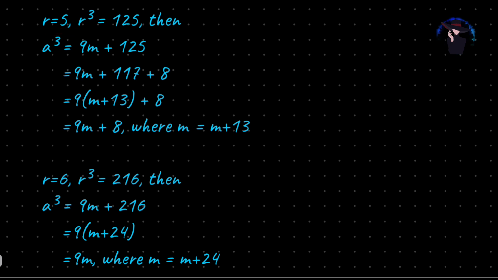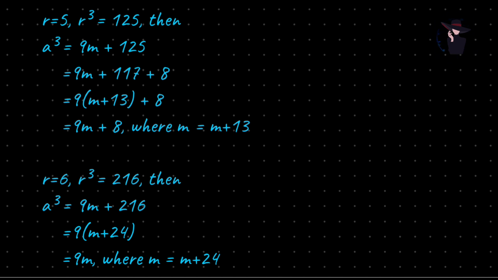Moving on, the value of r should be 5. We have to move on till 8. So 5 cube is 5 into 5 into 5, 125. A cube is equal to 9m plus 125. Just as we did in the earlier question, 125 doesn't come in the 9 table, so let's take it as 117 plus 8.